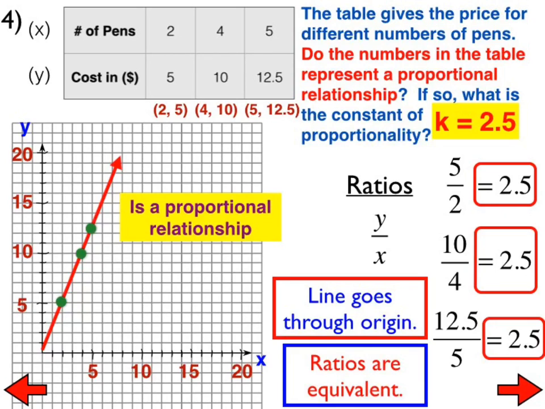So let's do a little bit more investigating on if you have a graph and if you don't have a table, how you're going to find the constant of proportionality. So let's go to the back side of the second page of your notes, and everybody look at the first graph.